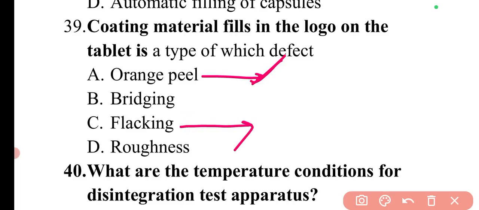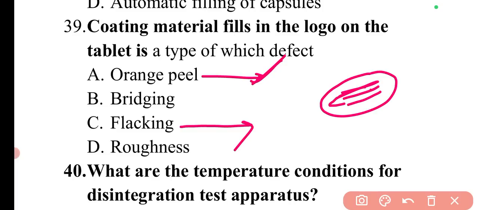Flaking means in this defect the coating material is removed as flakes. Like there is a tablet and the coating material will be removed as a layer. You must have seen on the walls of a room, the paint material is removed as flakes from the bottom. So that is the flaking defect.